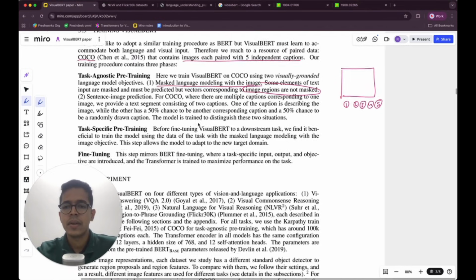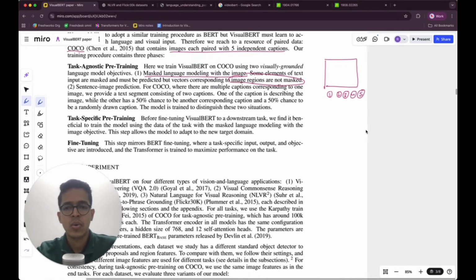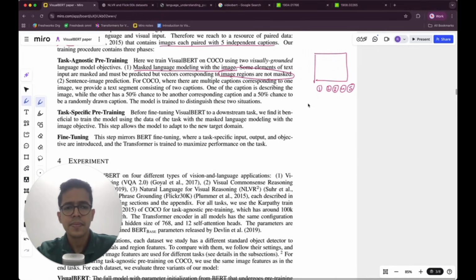So we provide a text segment in which there are 2 captions. It will look like this. Let's say I pick caption number 1 for the text segment. One of the captions is describing the image, while the other has 50% chance to be another corresponding caption and 50% chance to be a randomly drawn caption. The model is trained to distinguish these 2 situations.